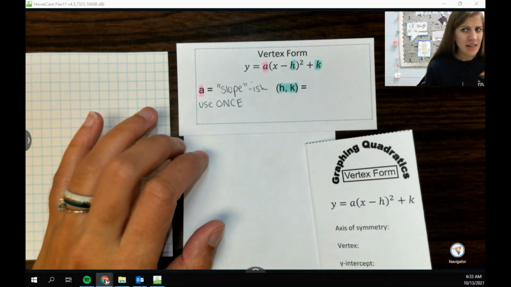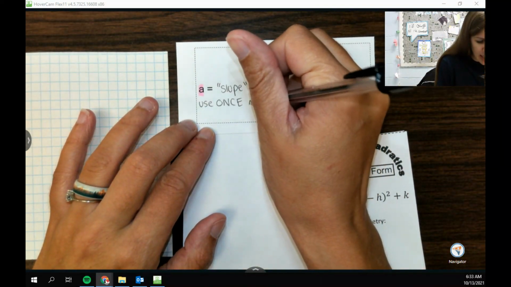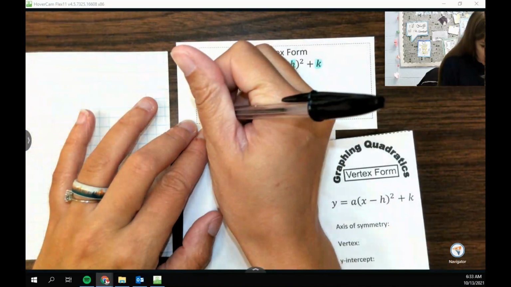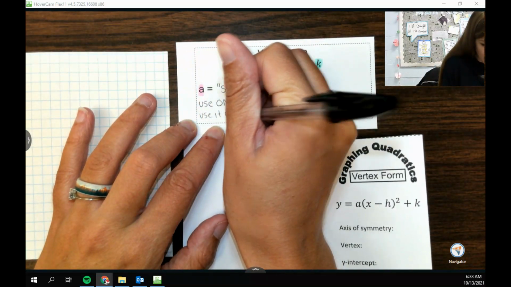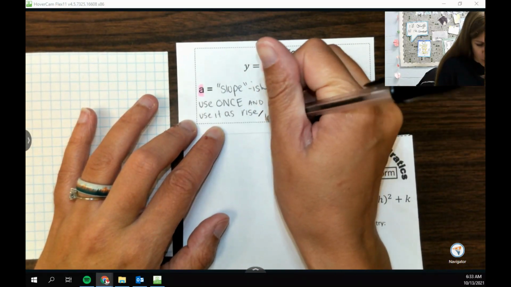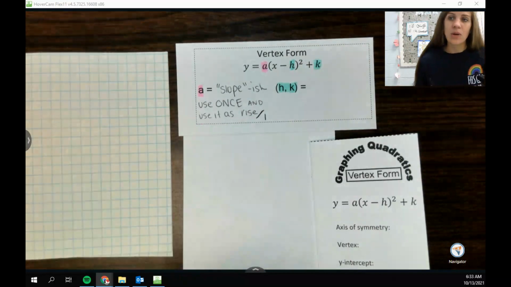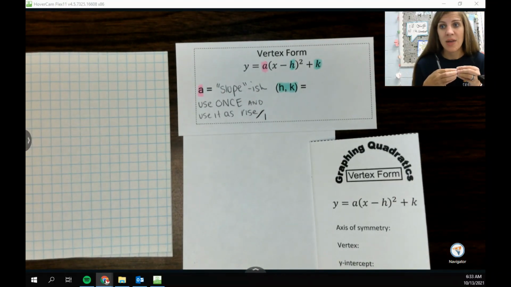The other thing that's kind of strange about it is that you can only use it once, and we have to use it as rise over 1. Whatever that A value is, you always have to do that number over 1.